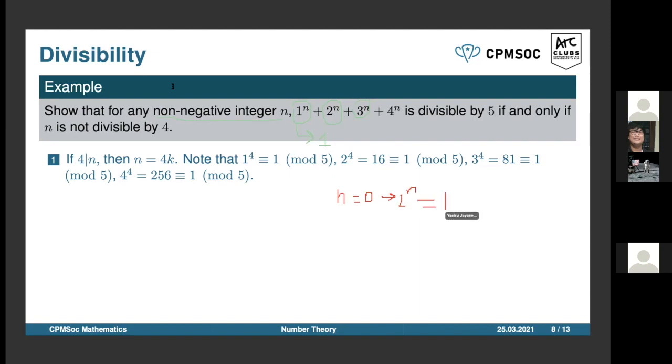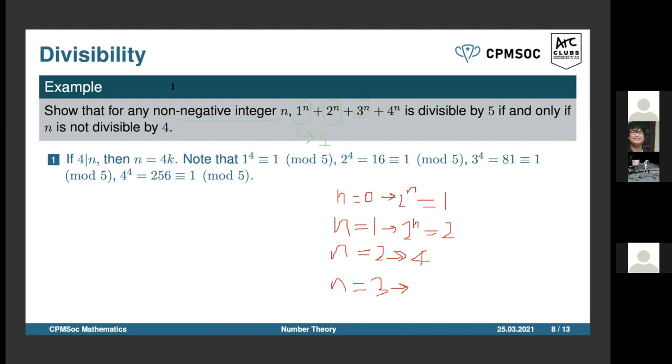And now we'll do some small values of n. So when n is equal to 1, 2 to the n is equal to 2. And when n is equal to 2, you'll get 4, as 2 to the 2 is 4. When n is equal to 3, 2 to the n will equal 8.